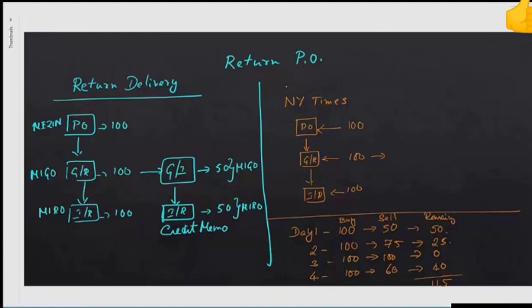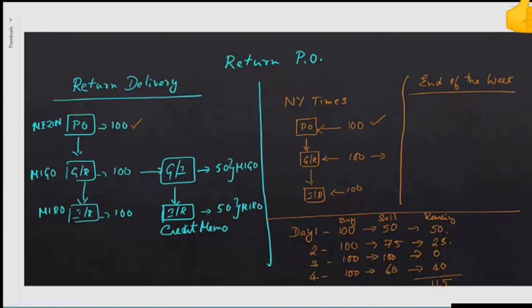The PO itself is not for delivery of goods into our warehouse, but for returning the goods to the vendor. But the original intention of this PO is not that. We want 100 quantity of coffee. We want 100 quantity of newspapers. But this time, what we're going to do is, end of the week, we create a return PO.